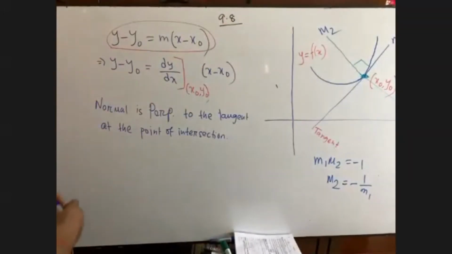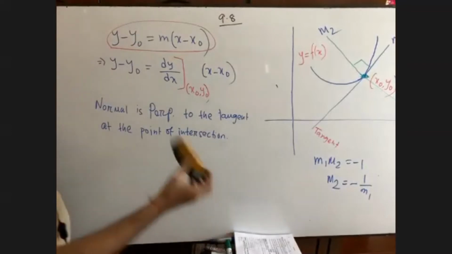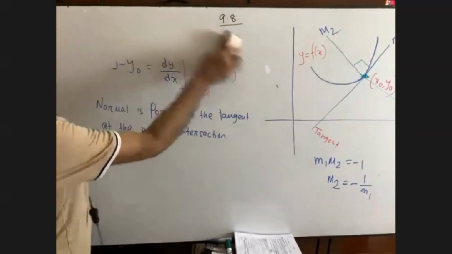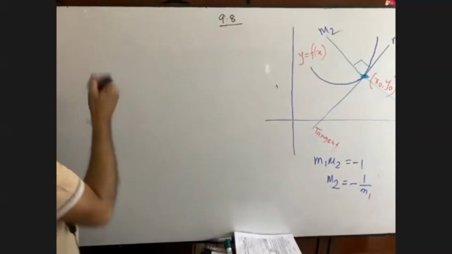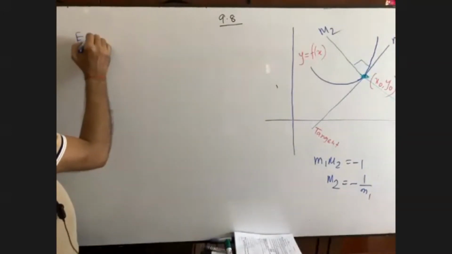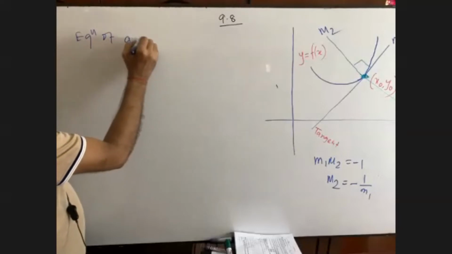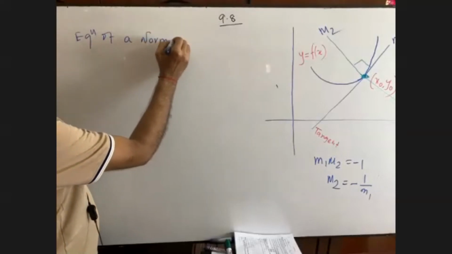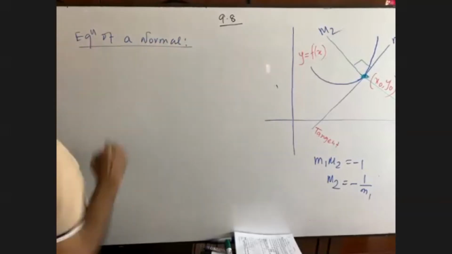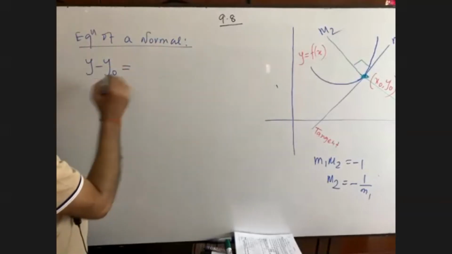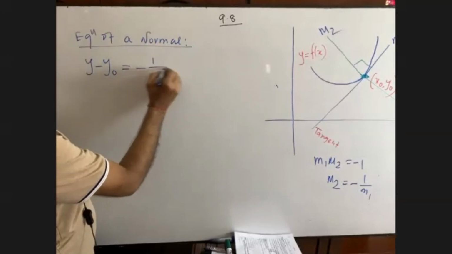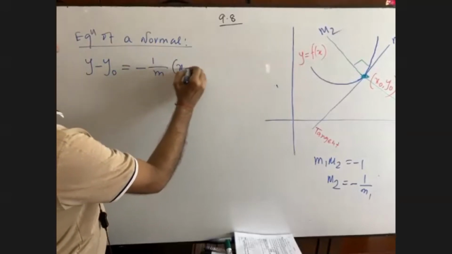Please write down the equation of a normal formula. Same formula: y minus y naught equals minus 1 by m into x minus x naught.